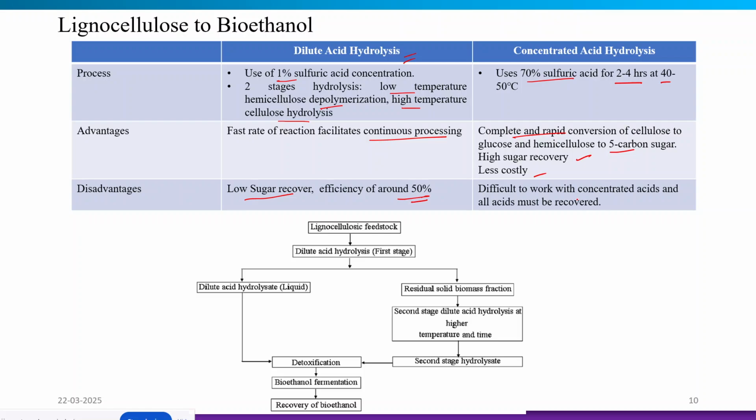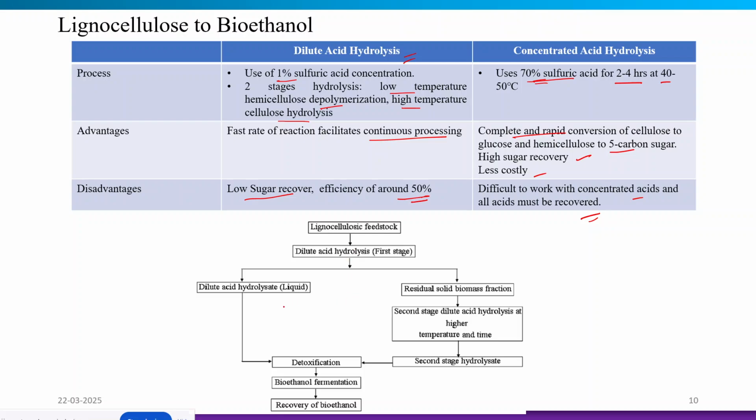But the main problem is that 70% sulfuric acid is very difficult to work with, and all the acid must be recovered because otherwise it will not be a cost effective process.